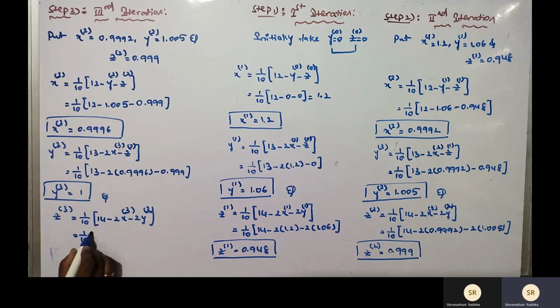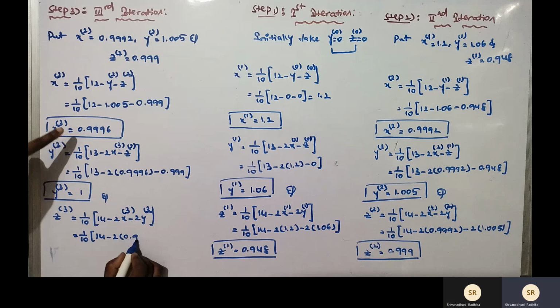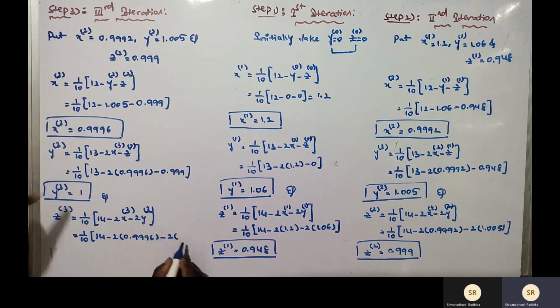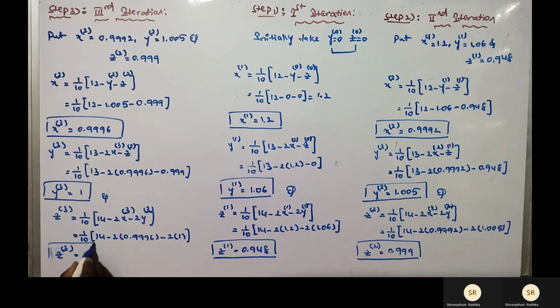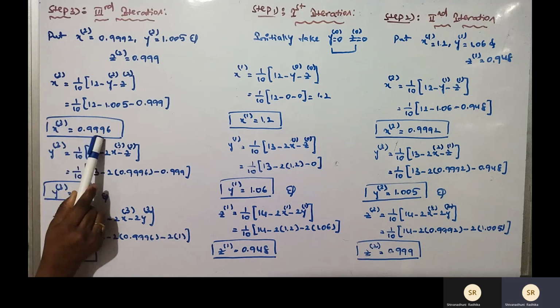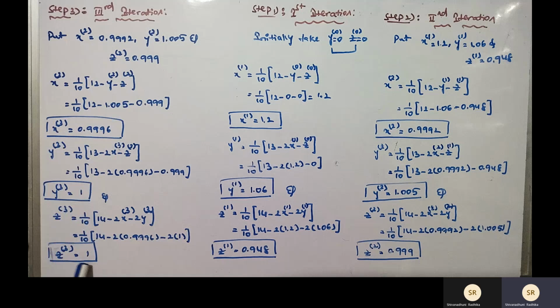So 1 by 10 into 14 minus 2 into x third approximation 0.996 minus 2 into y third approximation is the 1. By the calculation and calci, I am getting the z third approximation is 1. Now, here the third step completed. In the third step, I am getting x3 0.996, y3 1, z3 1.